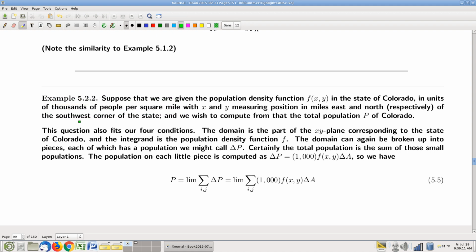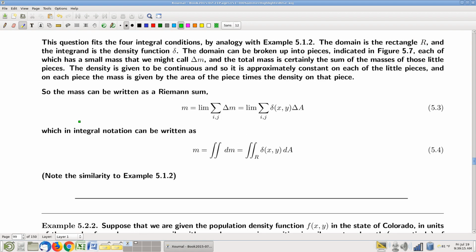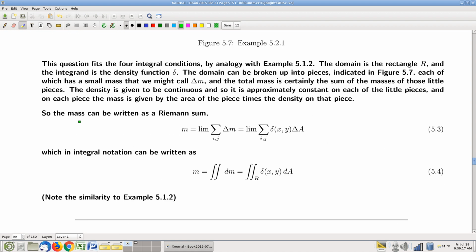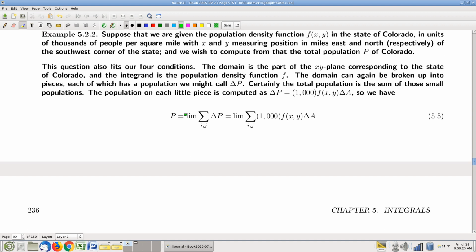So this is another argument. It's structurally just like the mass argument. In the same way that the total mass is the sum of the little pieces of mass that you get when you chop it up into little pieces, likewise, the total population of Colorado is the sum of the populations of the little pieces of area that you chop Colorado into. People are an accumulating quantity, you might say.